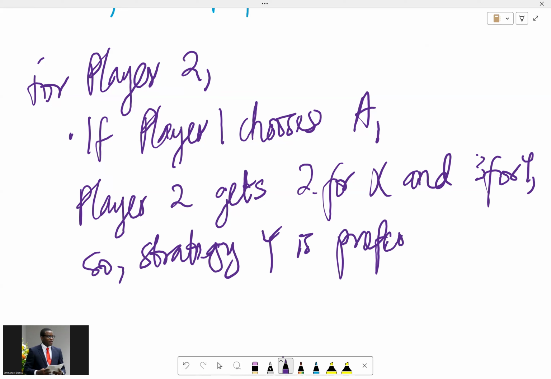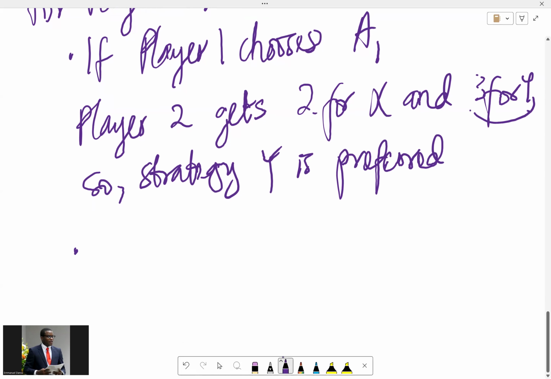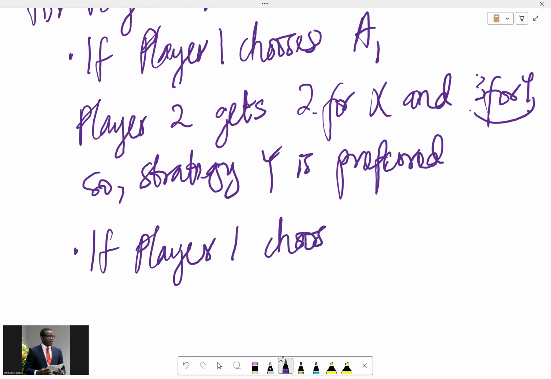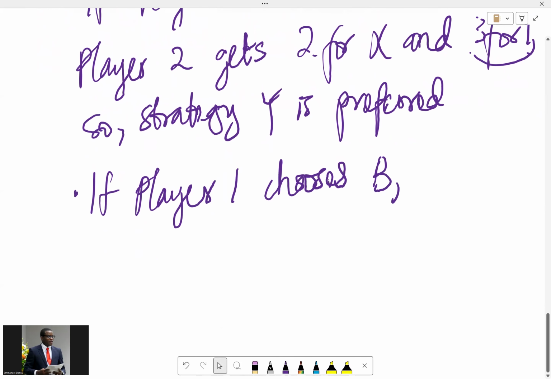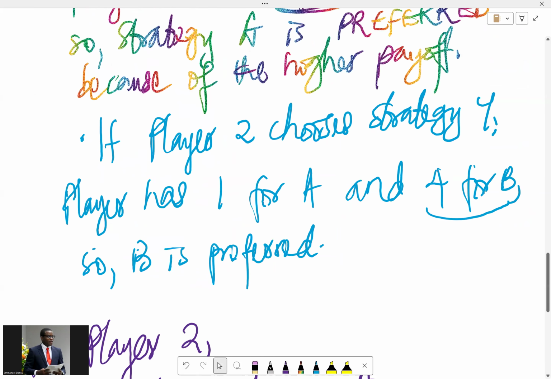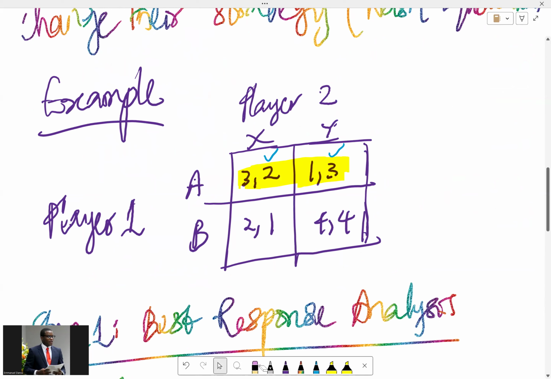Okay. Strategy Y is preferred because this is better. On the other hand, if player one chooses strategy B, so what happens if player one chooses strategy B?